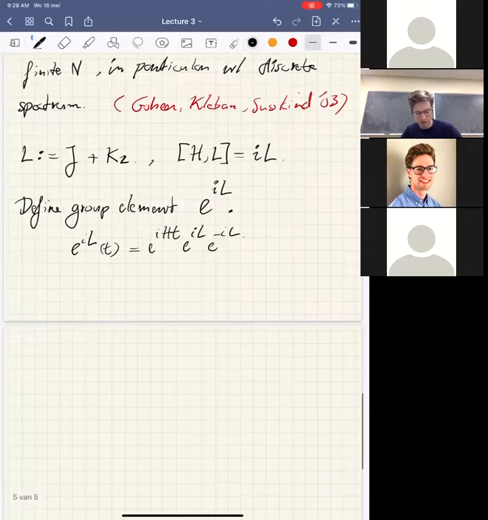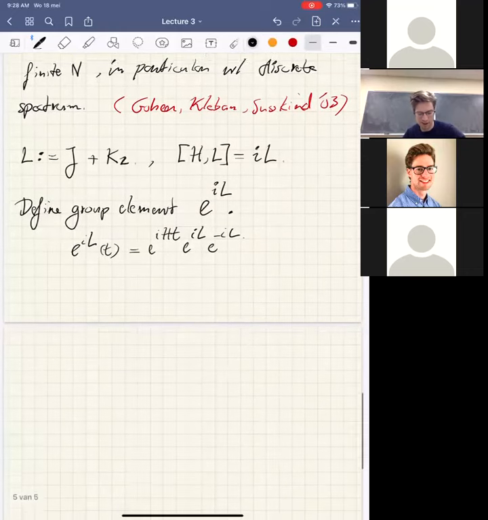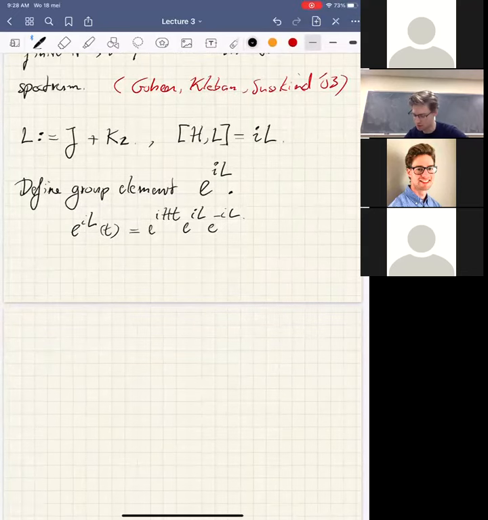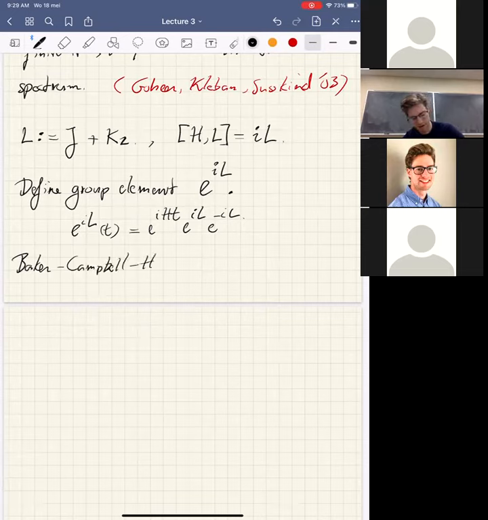Okay, what we'll now do is slightly rewrite this time evolved group element using the Baker-Campbell-Hausdorff formula. If you're not familiar with that formula, don't worry too much. I'll just show you what it tells you in a particular case. There's a nice Wikipedia entry on it if you're interested.